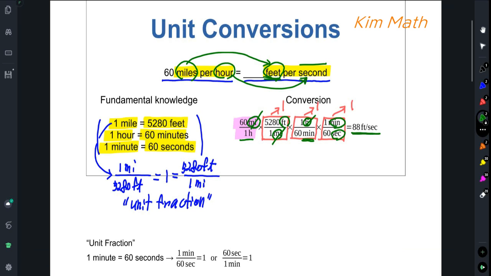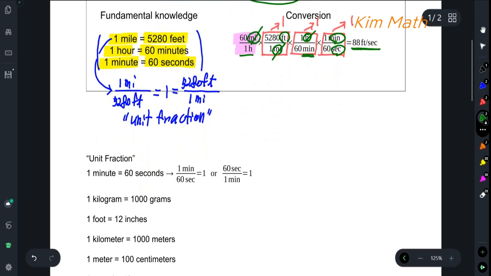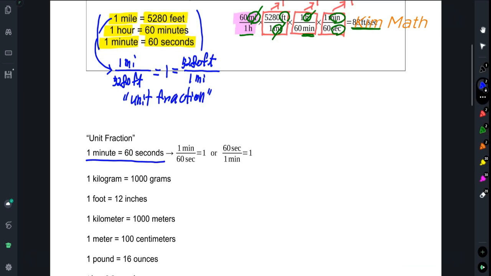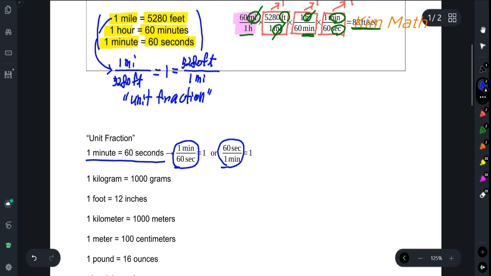Calculation is not a big deal. The more important thing is arranging the unit fraction. Okay, to do so, please think about the unit. We have a lot of unit fractions from our previous relations. Remember that 1 minute equals 60 seconds. Then we can make two different unit fractions: 1 minute over 60 seconds equals 1, or 60 seconds over 1 minute equals 1.